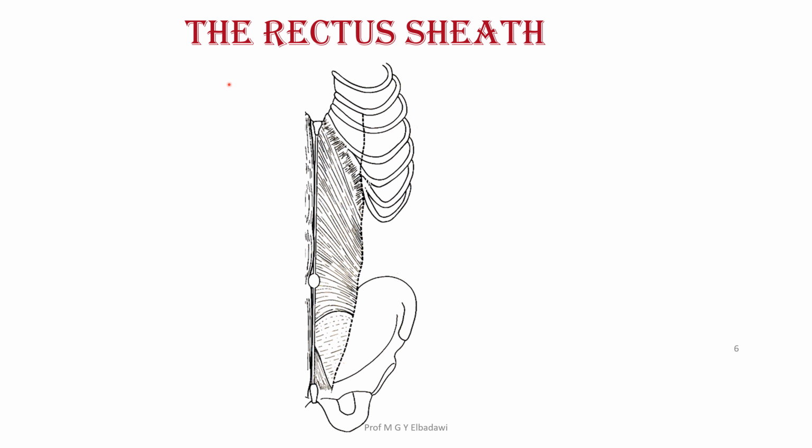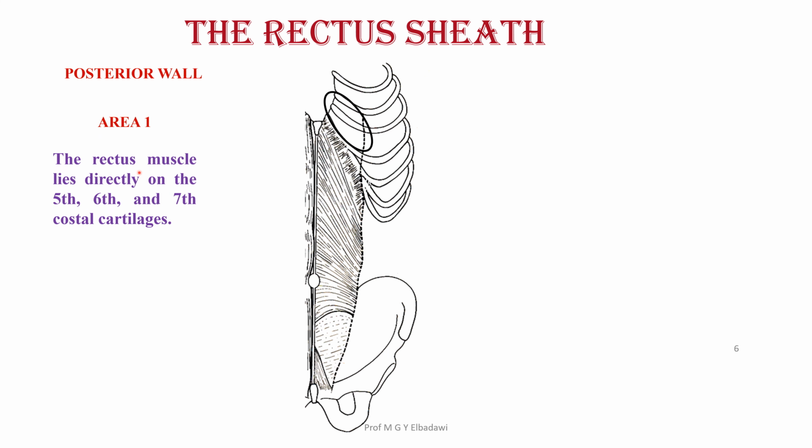Now, the posterior wall of the rectus sheath is formed of 4 parts: the first one, second one, third one, and fourth one. Area 1, this one here, has no wall, and the rectus muscle lies directly on the 5th, 6th, and 7th costal cartilages.